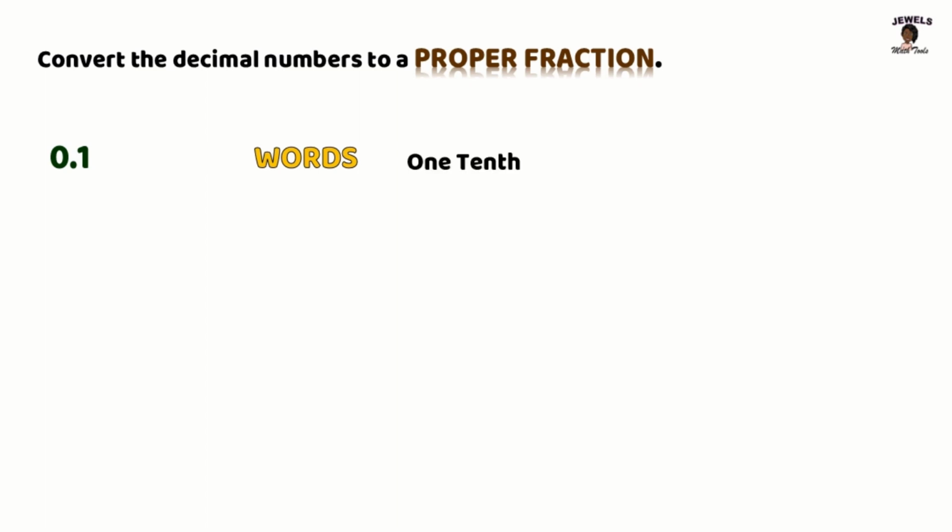Now with looking at this number in its word form, there are two key things you need to remember. One is that decimal numbers are greatly related to fractional numbers when written in words. So when taking my words one tenth, the second thing that you need to remember is that your number 1 represents your number in the numerator.